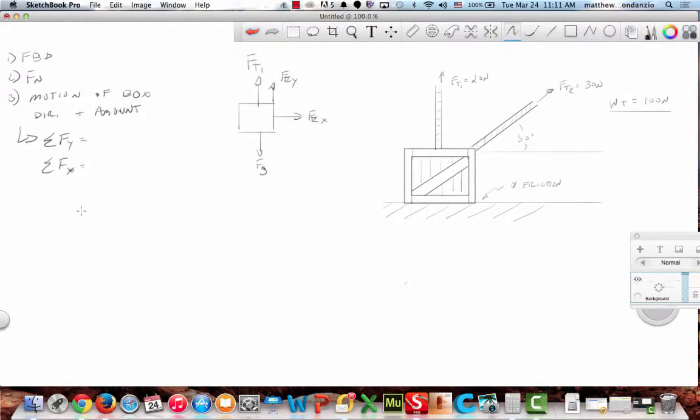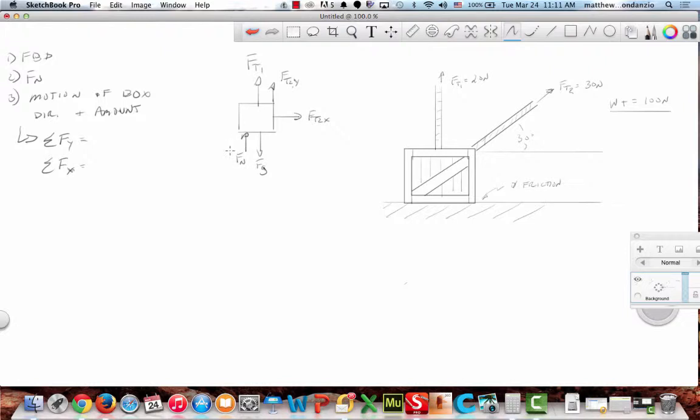Okay, what else am I missing? Anything else? I think I am. What am I missing? Yeah, my normal force. I need to assume that there's a normal force.